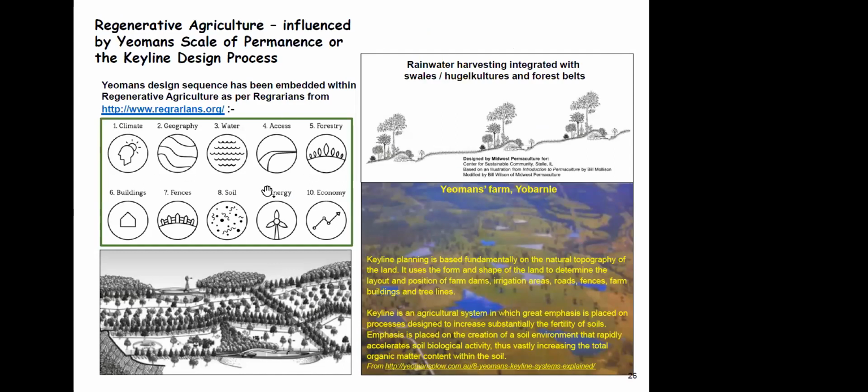Now we're going to unpack some of these steps, but at the end of the day, what regenerative agriculture is doing is building up soils and recreating the lost biodiversity that used to be in these particular landscapes.